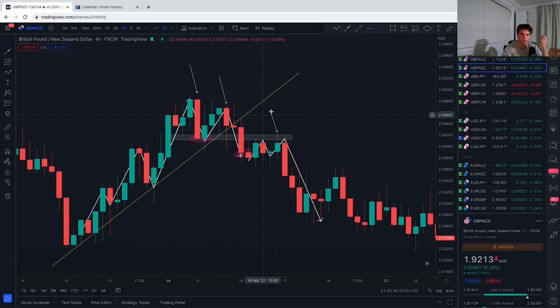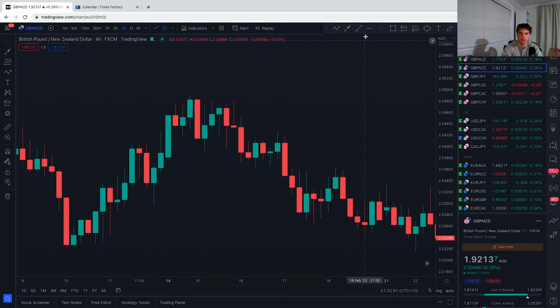Okay, very simple. And I actually just want to talk about this because you're probably thinking I've missed something here, and I want to explain this because it's quite weird. What happens here is we make a higher high, we form a higher low there, another higher high, and then we break the previous higher low. This is something which is very hard, and it's almost one of those trades you might just lose.